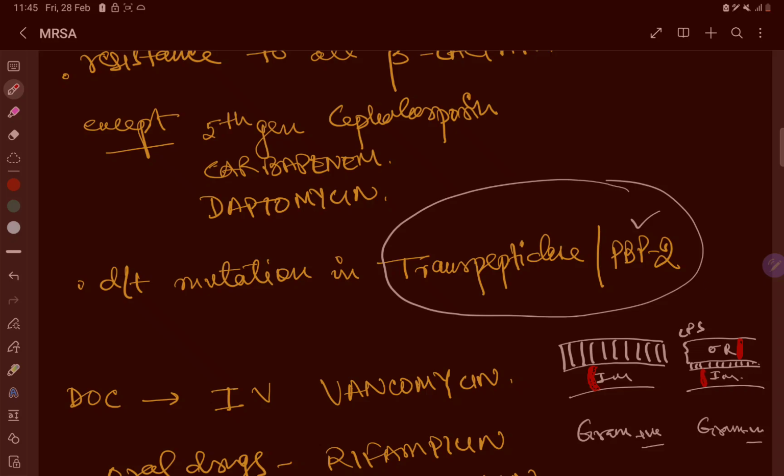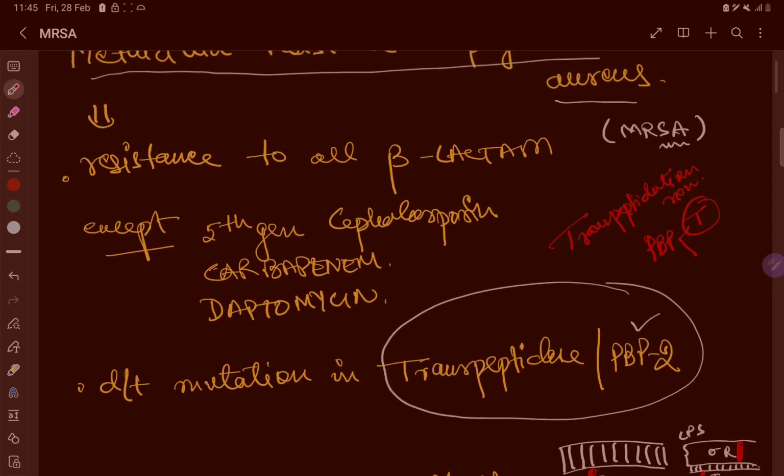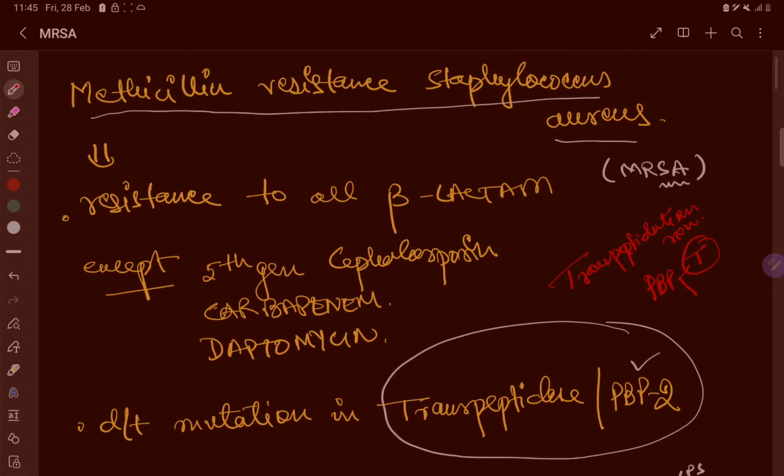Okay, so this penicillin binding protein consists of two components. The most important component is the transpeptidase, which is essential for the transpeptidation reaction. Now what happens when resistance develops?